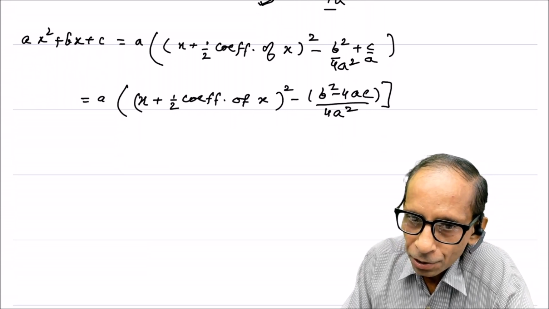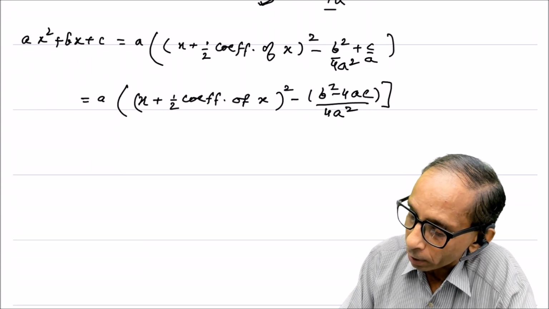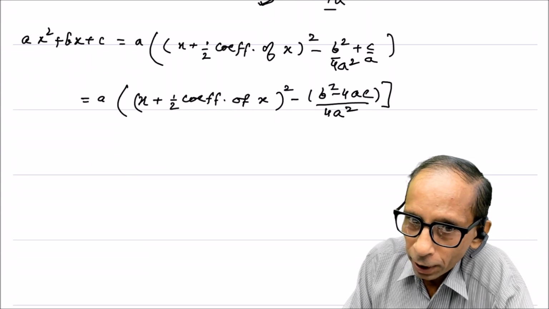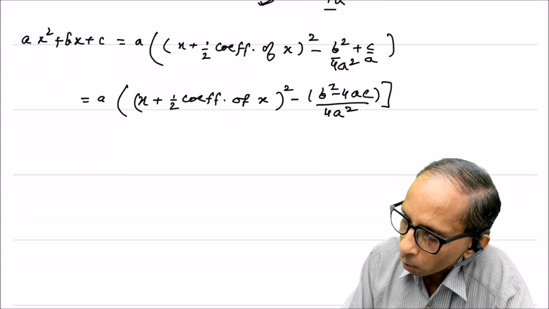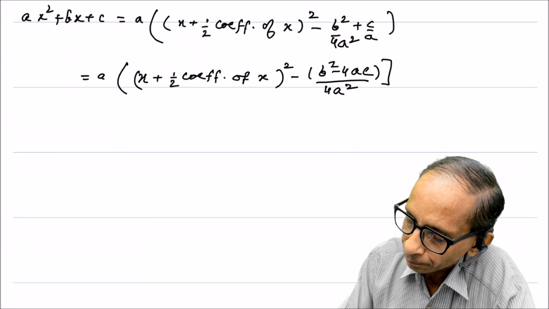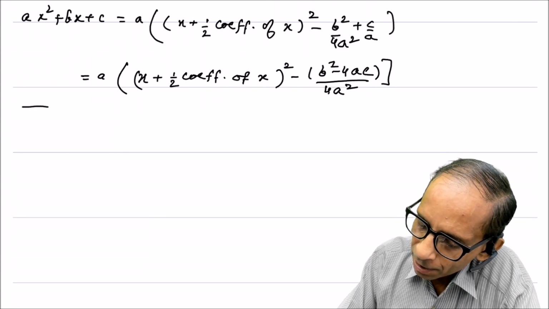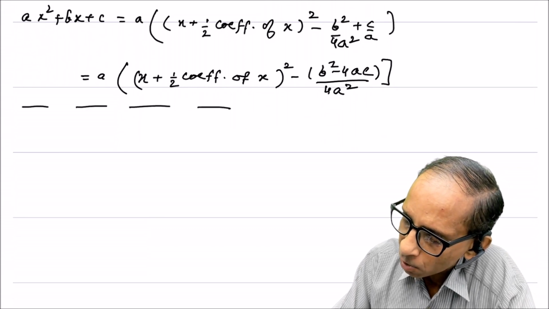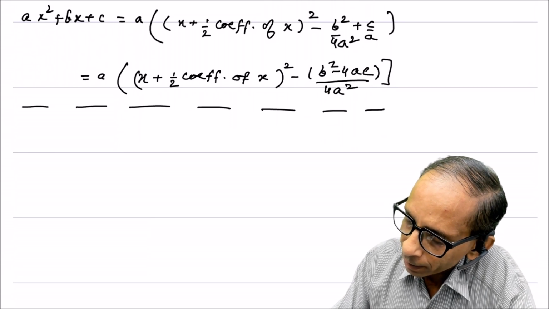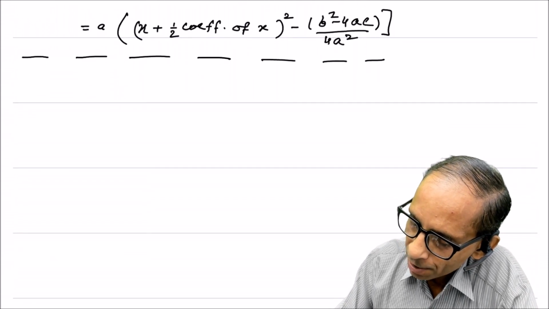Having seen these three methods of factorizing quadratic, we now go for the actual process of quadratic inequality solution. We consider the simplest possible quadratics and their corresponding inequalities.